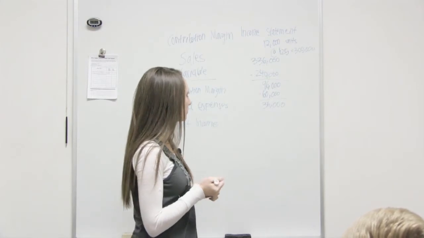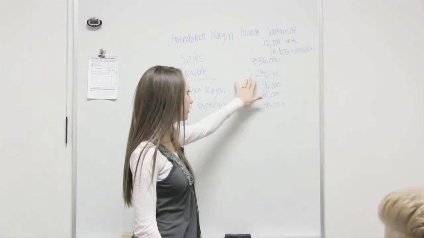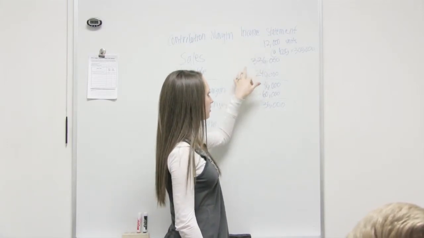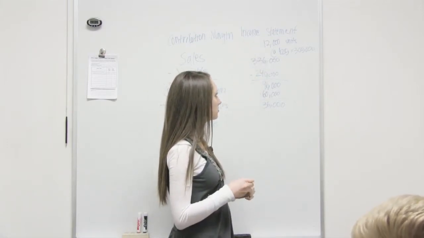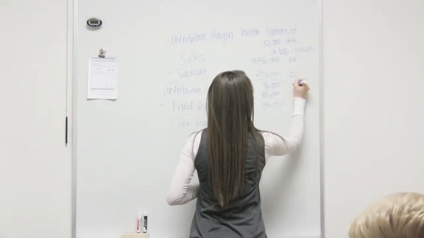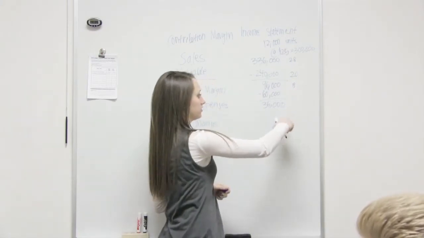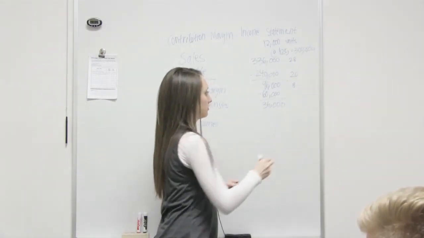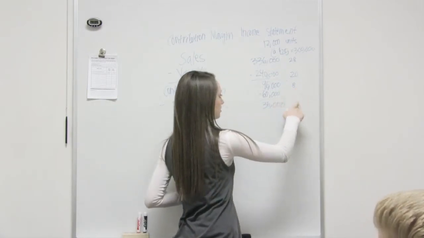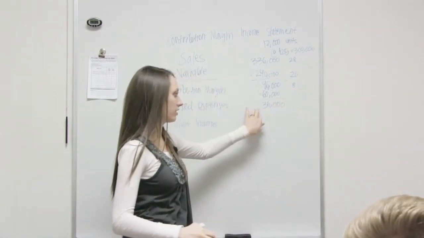Yeah, that's 28. Okay, and then if you want to do it for variable, you would do the same thing, just 240 divided by the 12,000. So it would be $20. 28 minus the variable 20, contribution margin's $8. And this is fixed cost, so you're not gonna find it for that.